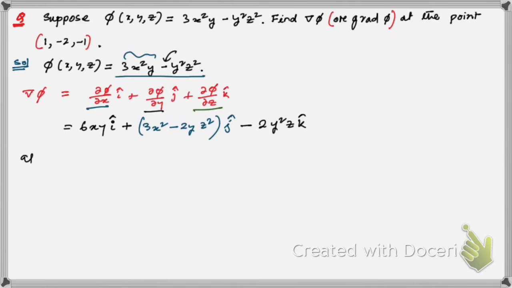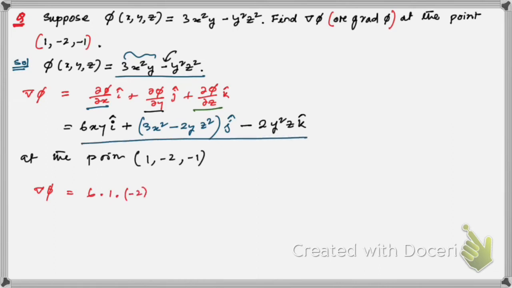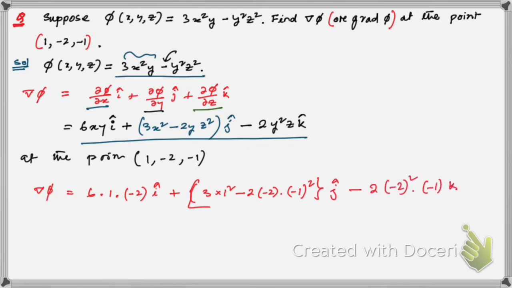Now at the given point, if you put the values of x, y, z here, and calculate, you will get this vector. So now we have got grad phi. This is your answer.